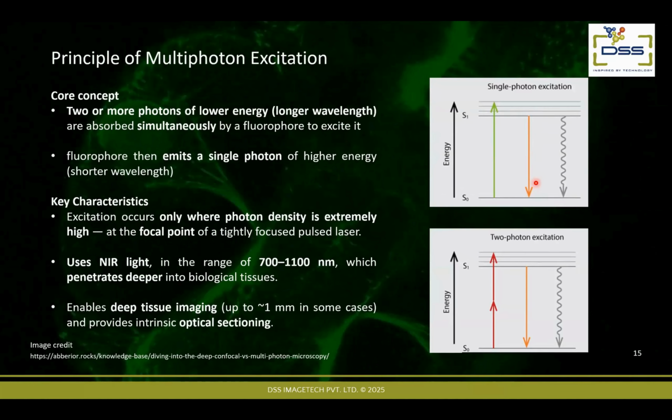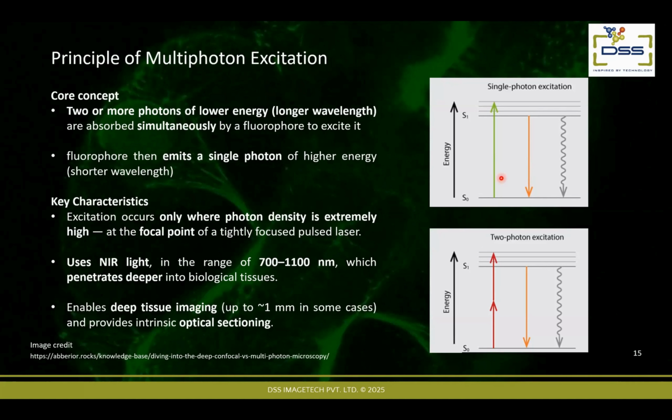Because most of your samples will be having, for example, GFP or any nuclear stain. So all these dyes, stains, and fluorescent proteins are emitting in the visible range of wavelengths. So how can we do excitation with a high wavelength light, which is of a lower energy, and expect to get emission of lower wavelength, which is of high energy?